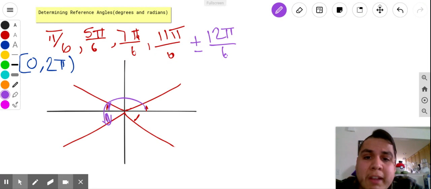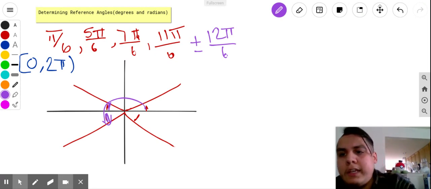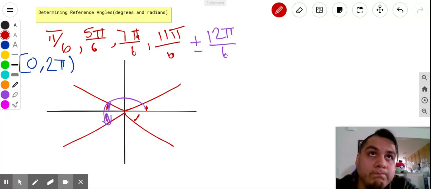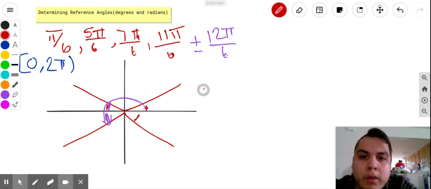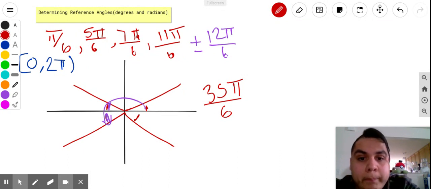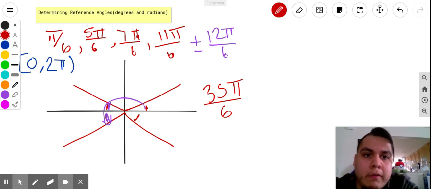Another way you can think about it is this. Let's say I gave you, what's a nice number? 35 pi over 6. Okay. And I want to see if it's going to be a reference angle of pi over 6. So here's what I'm going to do.